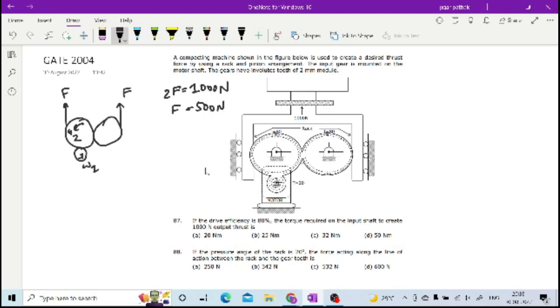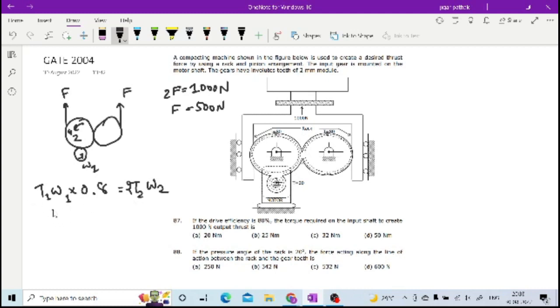Now as the efficiency is given as 80%, of whatever power is generated with T1 omega 1, only 80% will be transferred to T2 omega 2. Here actually you will have two different gears, as you can see in the figure. So T1 omega 1 into 0.8 is equal to 2 T2 omega 2.